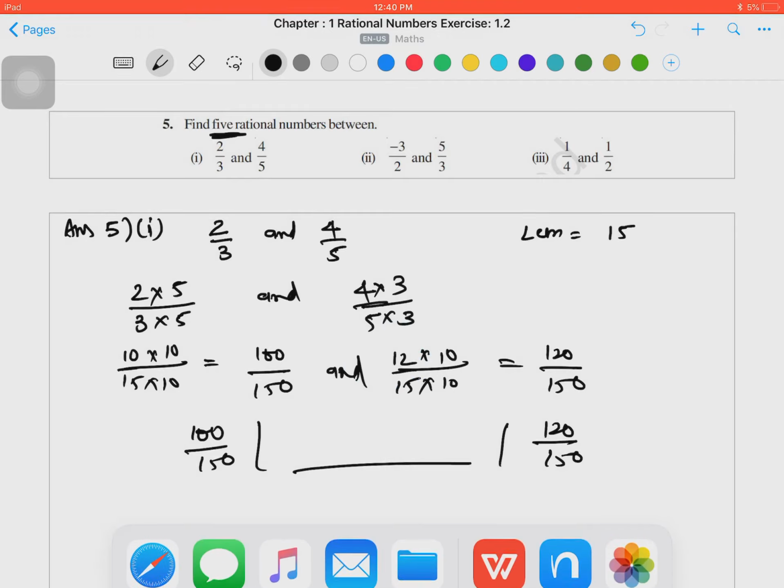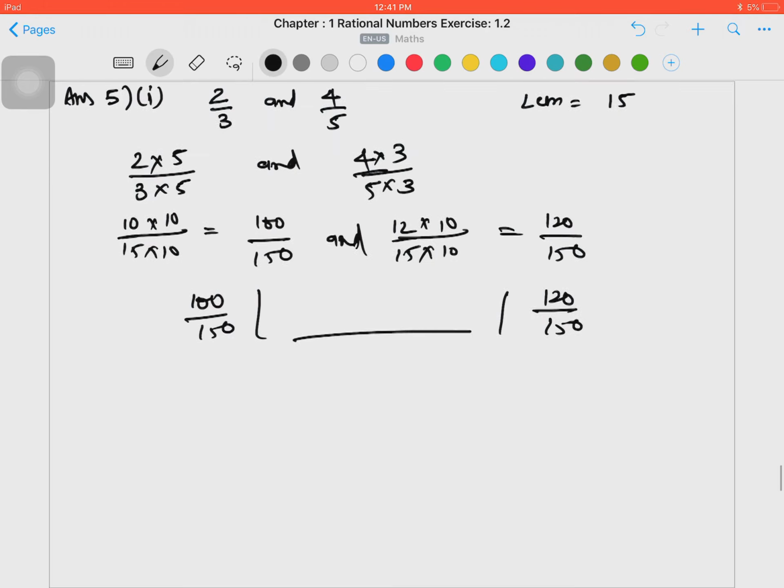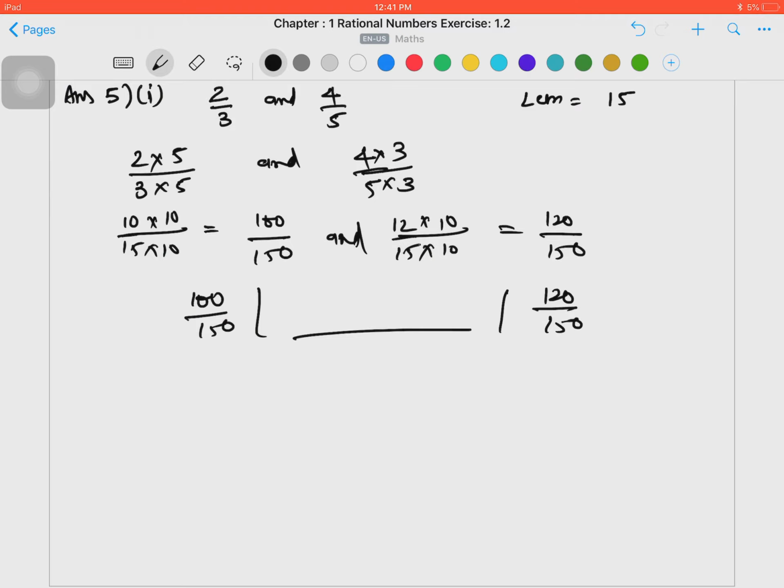5 rational numbers. So those number can be 101 by 150, 102 by 150, 103 by 150, and so on till 118 by 150 and 119 by 150.